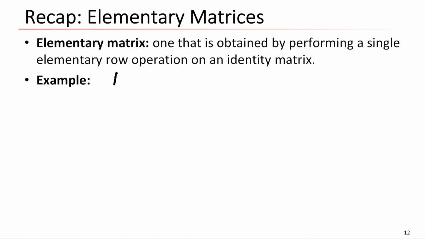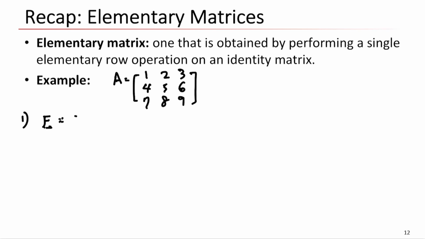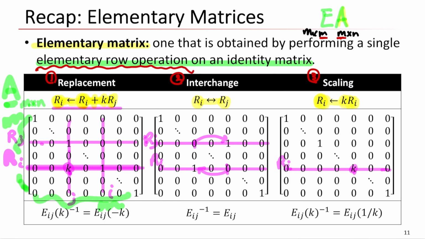Let's say there is a matrix A: 1, 2, 3, 4, 5, 6, 7, 8, 9. First of all, let's say the elementary matrix E is going to be 1, 1, 1, 3, like that, like the replacement row, right?